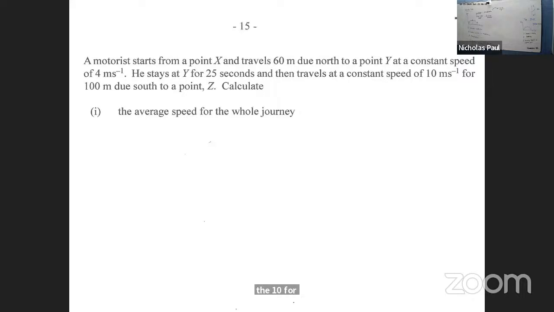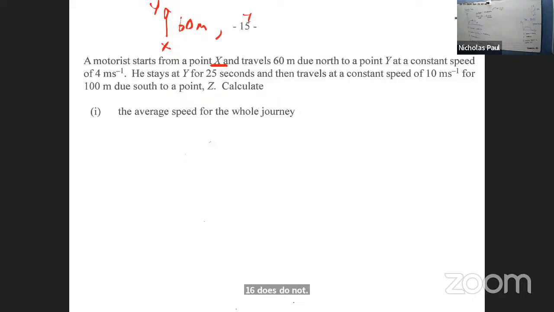So if you want, you can try to put it into a graph, Nathan, or you could write it down and see if you can get total distance and total time from it. In this case, I wouldn't draw a graph. What I'll do is write it down as I go along.